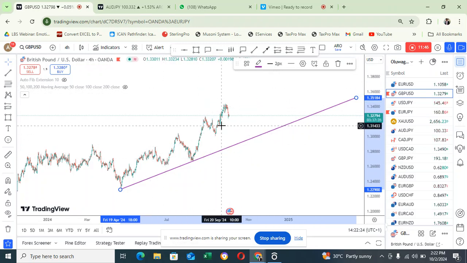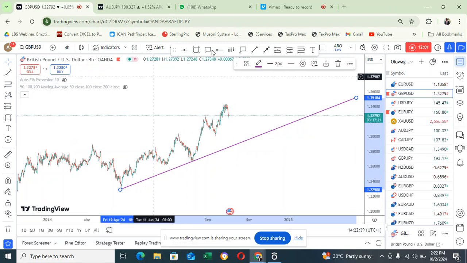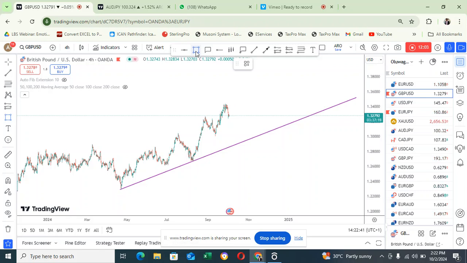We use this to buttress our point. In an uptrend, you have a series of higher high and higher low. For a downtrend, you have a series of lower high and lower low, but for an uptrend, you have higher high and higher low.